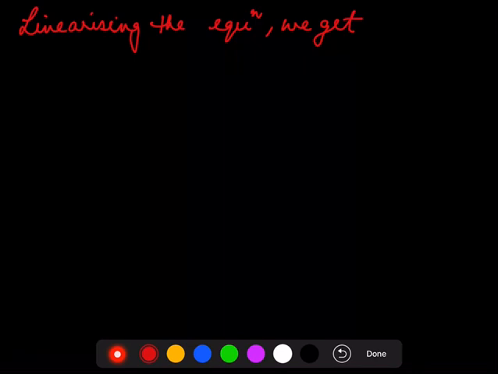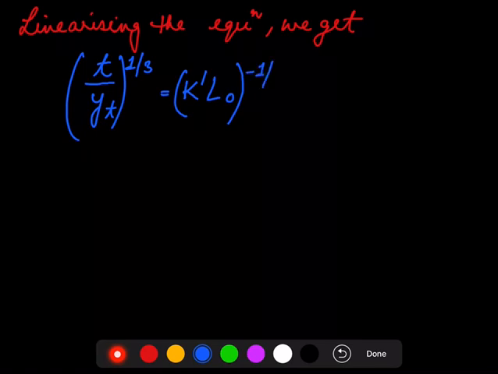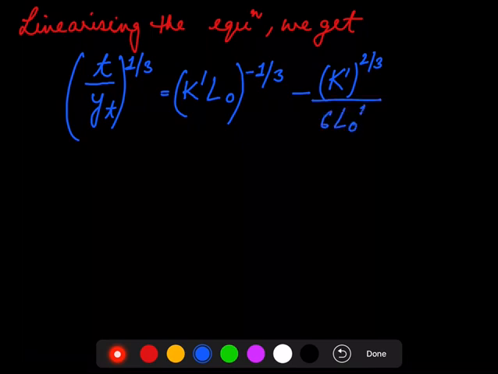Linearizing the above, we get t divided by yt to the power of 1 by 3 equals k dash L naught to the power of 1 by 3 minus k dash to the power of 2 by 3 divided by 6 L naught to the power of 1 by 3, into t.